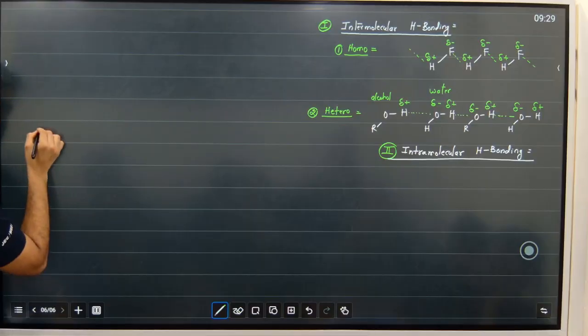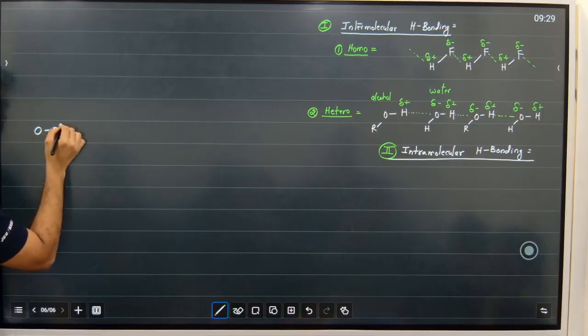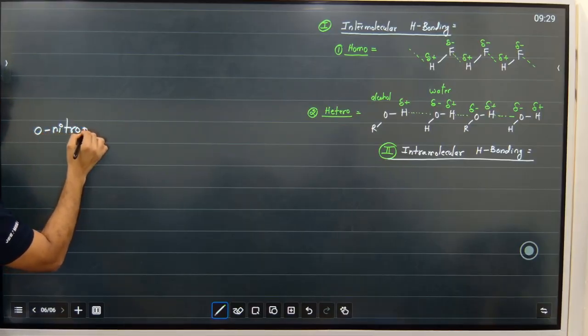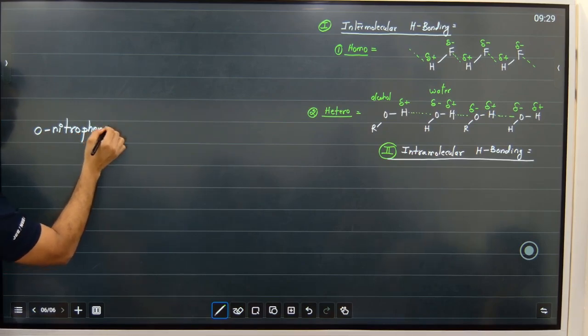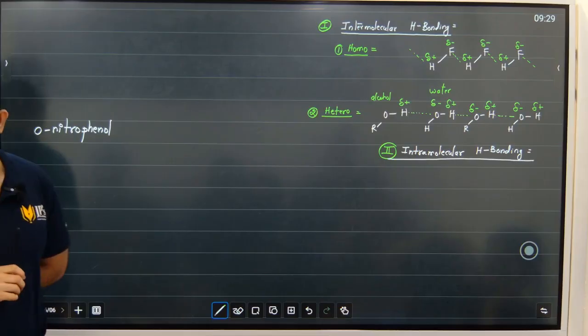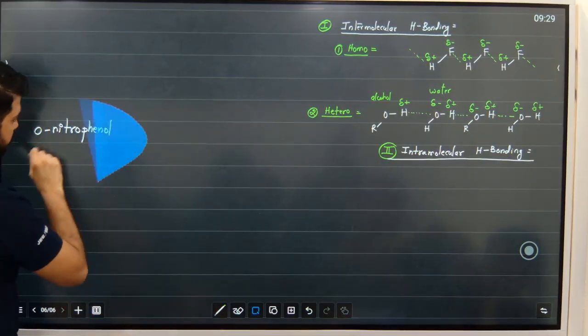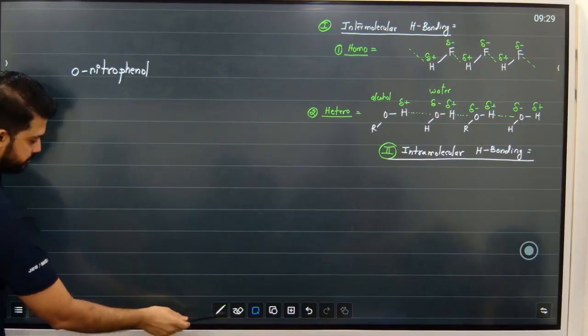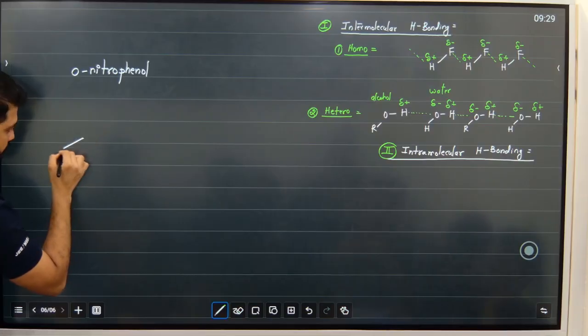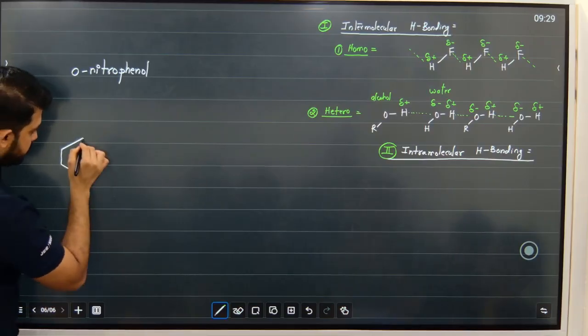Let's start with different examples over here. The first example that we have is called ortho-nitrophenol. We'll do more of these examples in organic chem. Look at the first molecule. The structure of ortho-nitrophenol is like this.